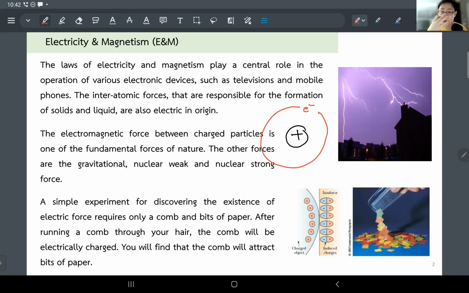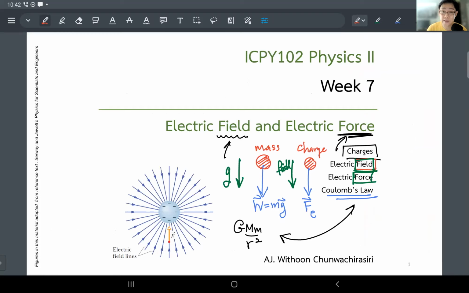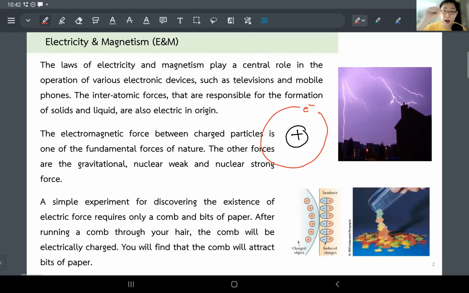So the complication that you have with this business is that now you have two types of charge, positive and negative. You never had that with the mass. The mass is mass. When you have two masses, they're going to attract. That's it. There's no other choice. But here you have two types. You have positive charge and you have negative charge.